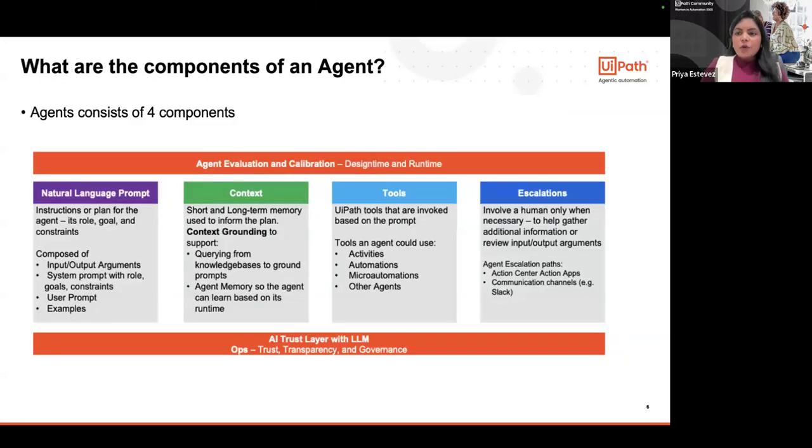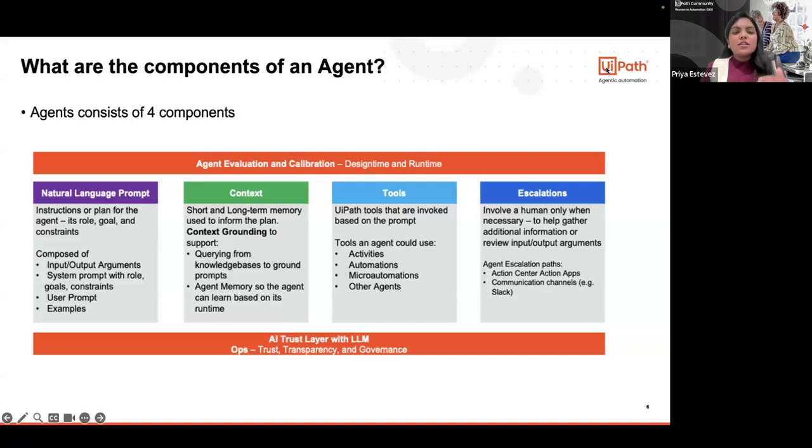Here are the four components of agents, the four basic pillars, as I like to call them. First, the natural language prompt. To define an agent, you need to say what you expect out of that agent. That's where you give the instructions, your prompt, defining your goal for the agent.